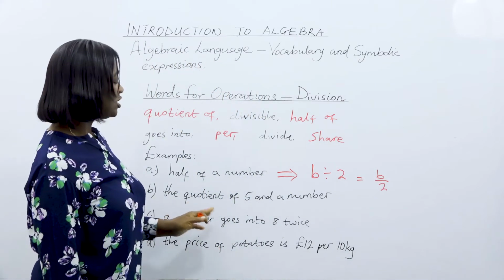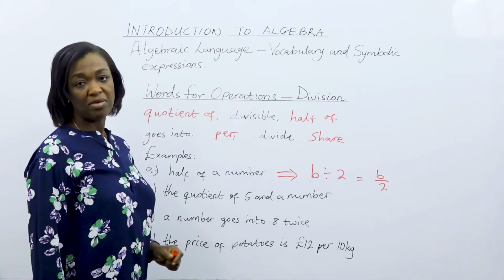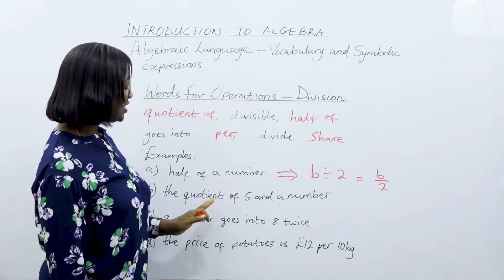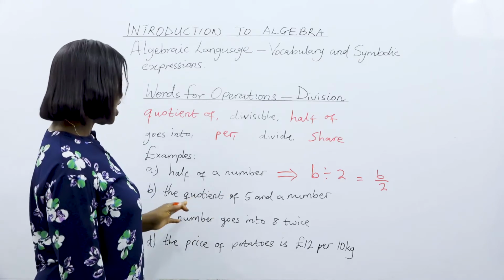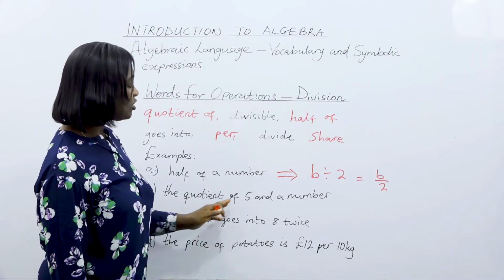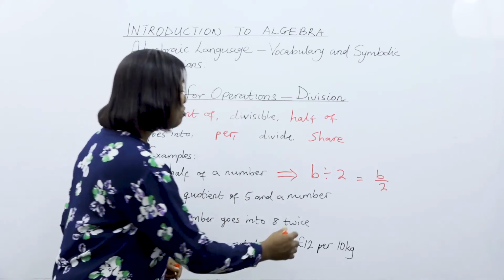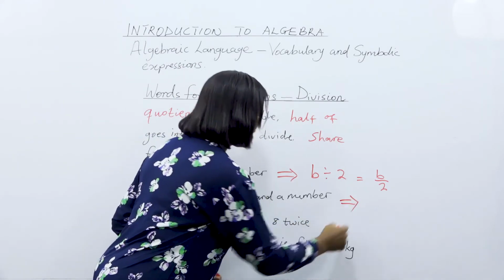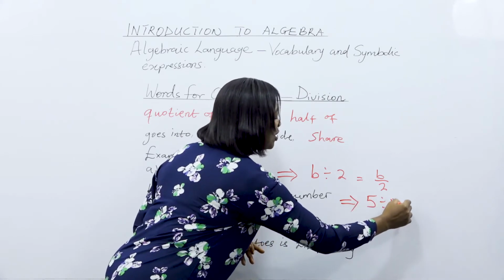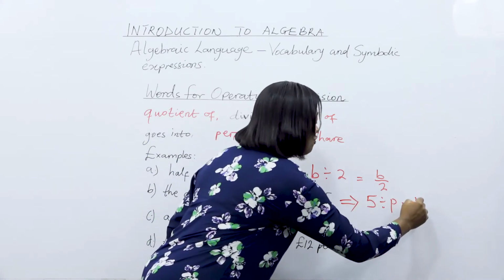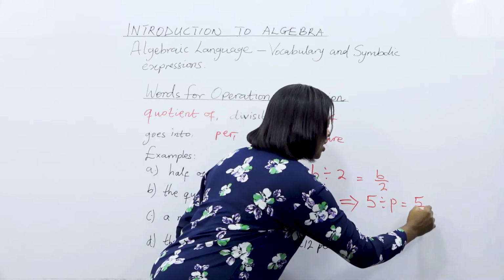Next, the quotient of 5 and the number. So let the number be p. The quotient of 5 and the number would mean 5 divided by p, which is equal to 5 over p.